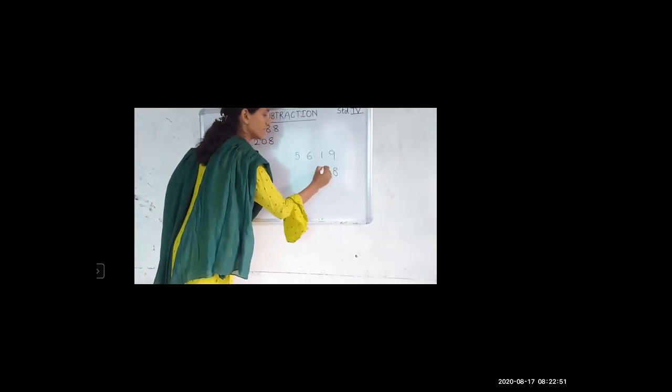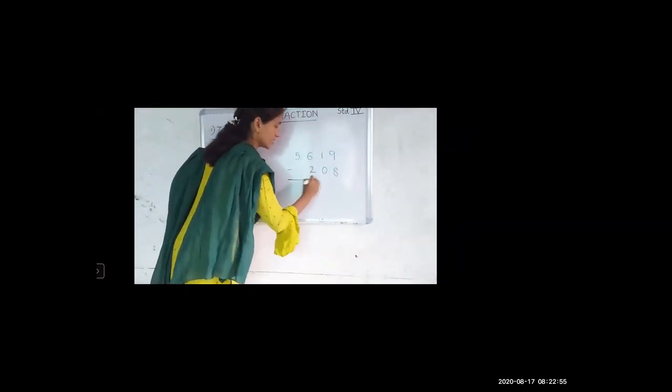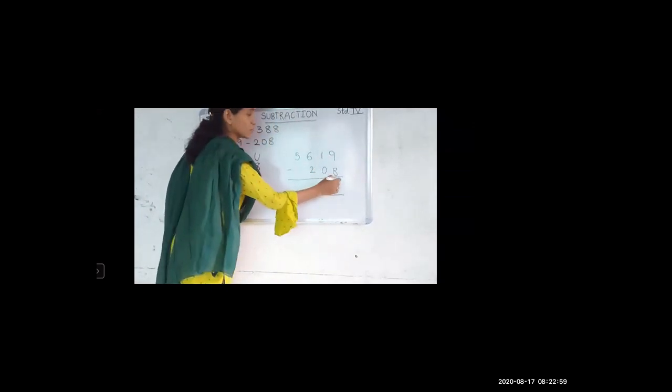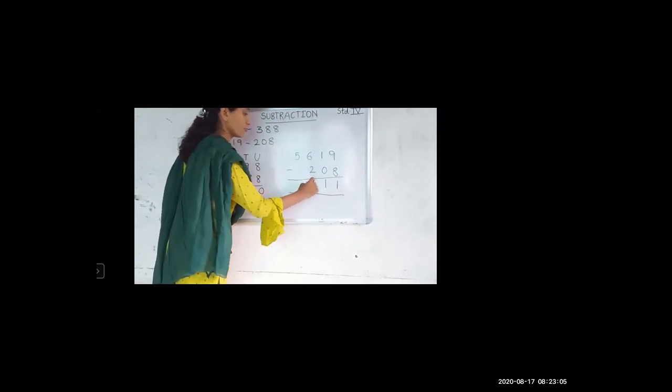Now we will solve the other one. 5,619, and the other number, again it is of 3 digit number. So start writing it from the unit side. 8, 0, 2. Put the minus sign. 9 minus 8, 1. 1 minus 0, 1. 6 minus 2, 4.